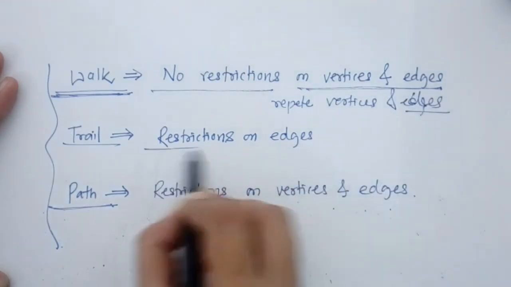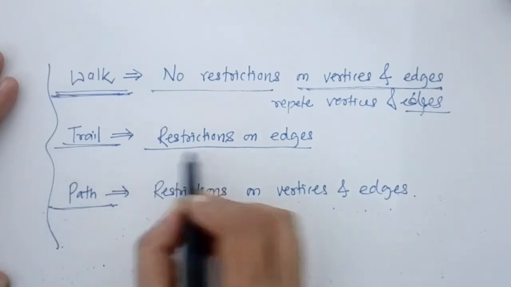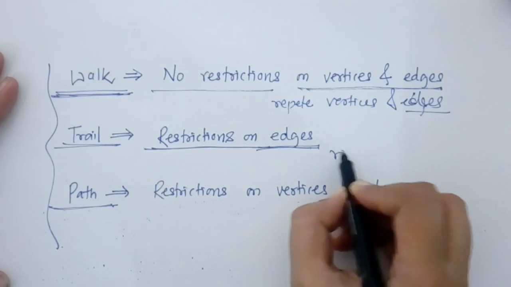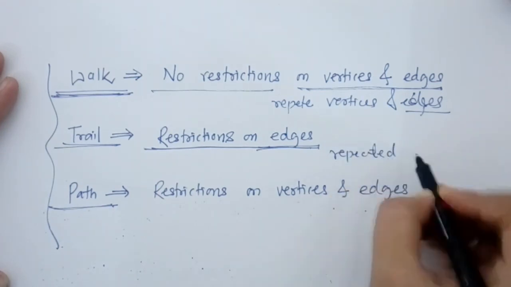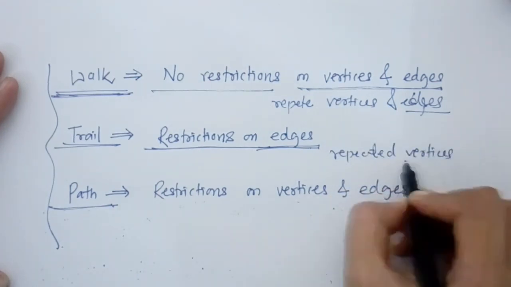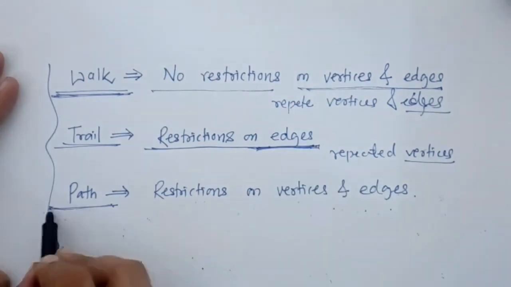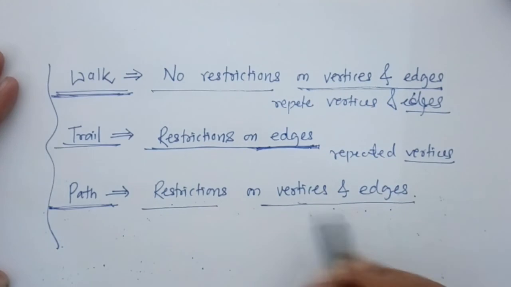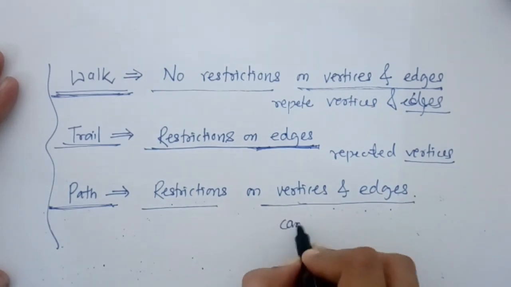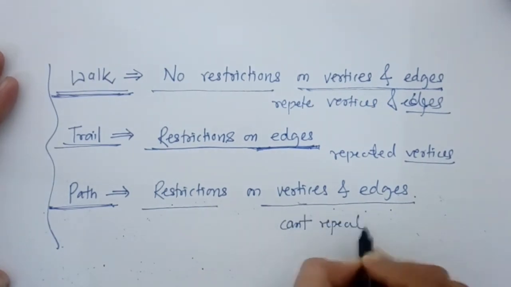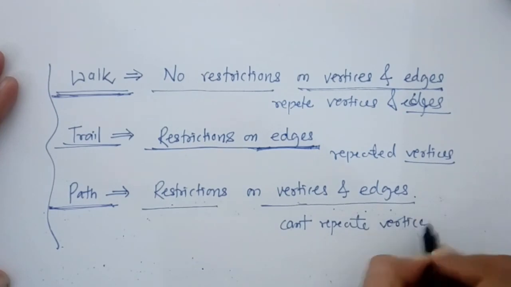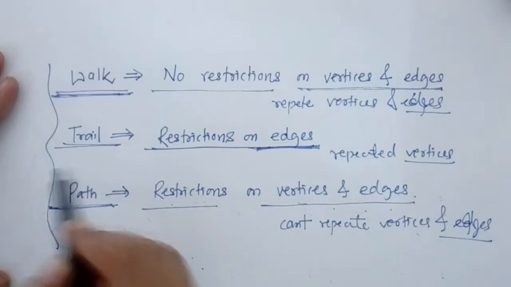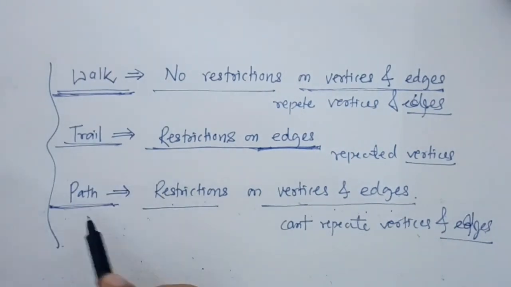In a trail there is a restriction on edges, which means we can repeat only vertices, we can't repeat edges. And in a path there is a restriction on both vertices and edges, which means we can't repeat vertices and edges. So this is the difference between walk, trail and path.